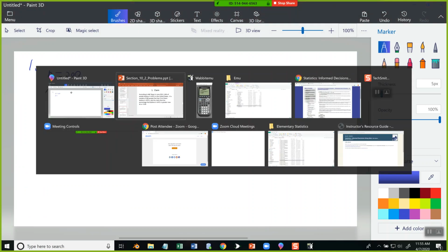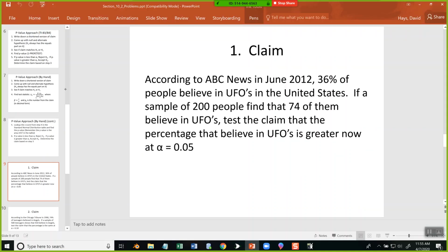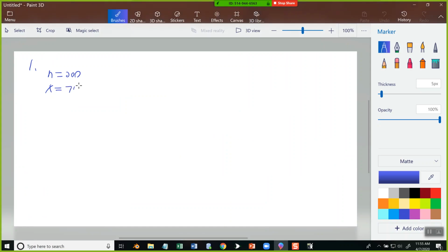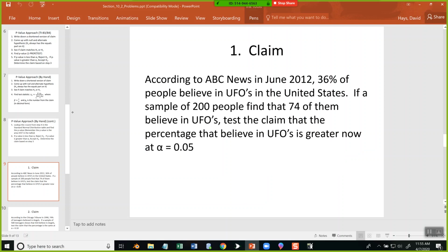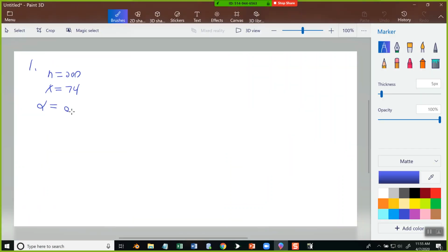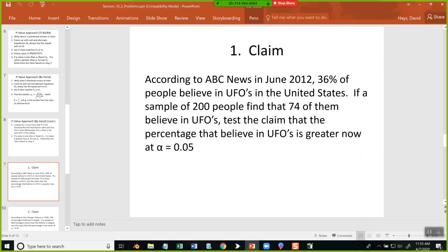Of those, 74 believe in UFOs, so x is 74. Alpha, this Greek letter, is 0.05. And our claim was UFOs is greater, so greater than 36%.